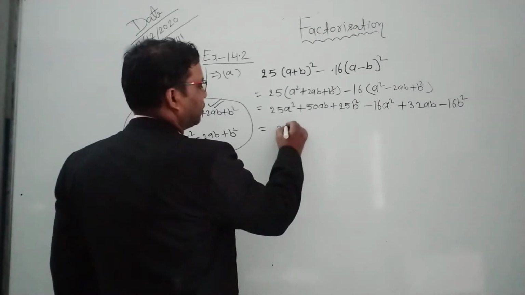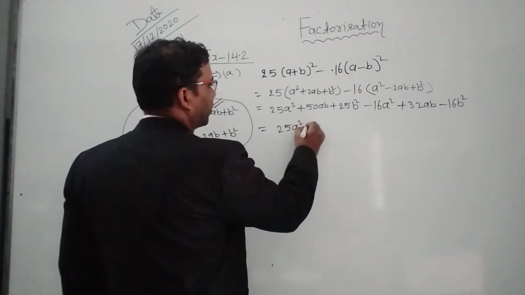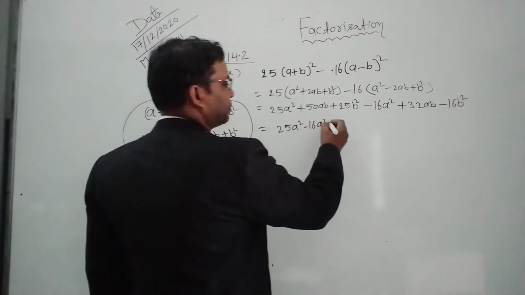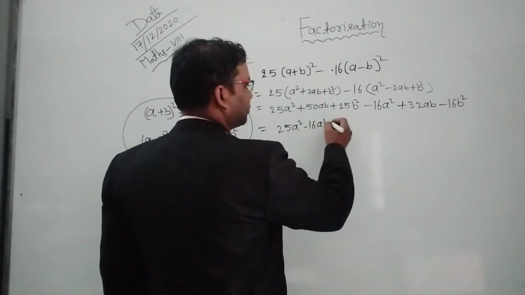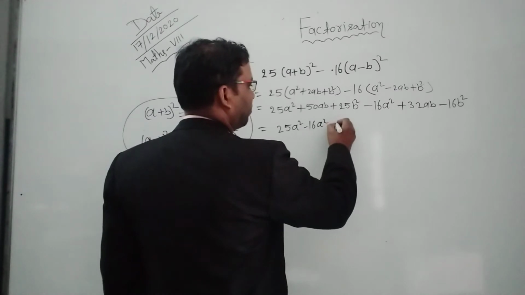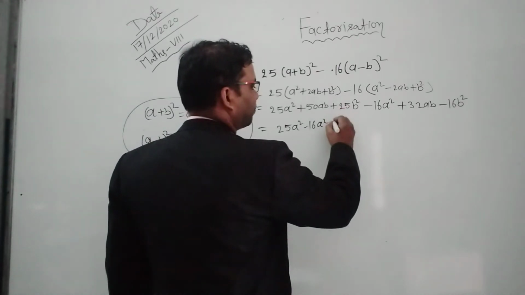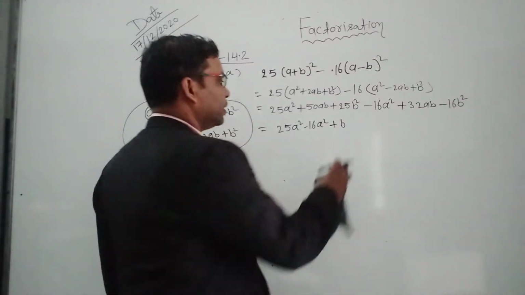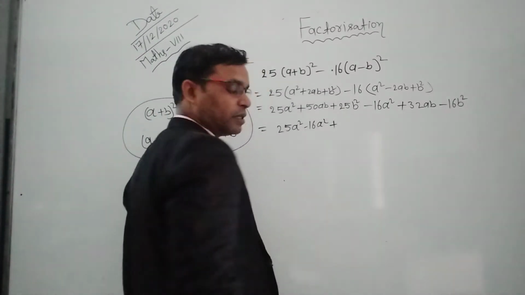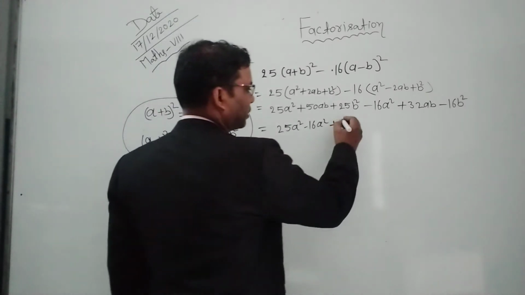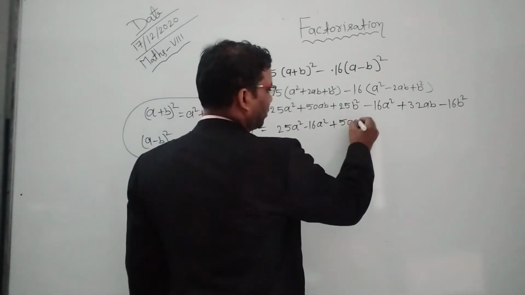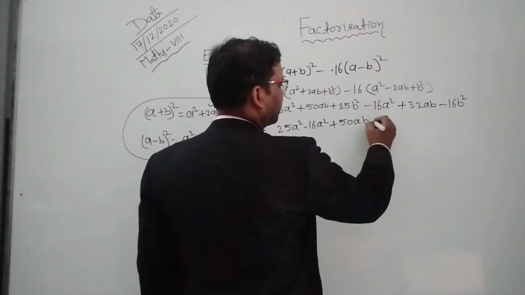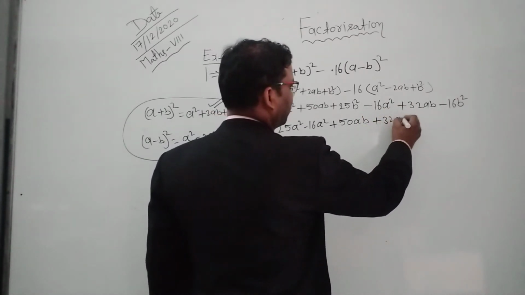Here you can write 25 a square minus 16 a square, both are like terms again, and here 50 ab plus 32 ab.